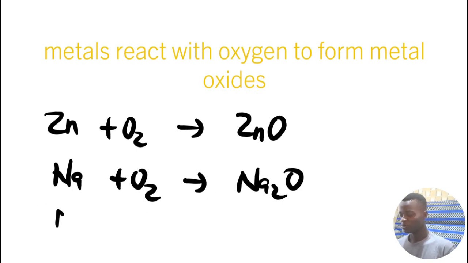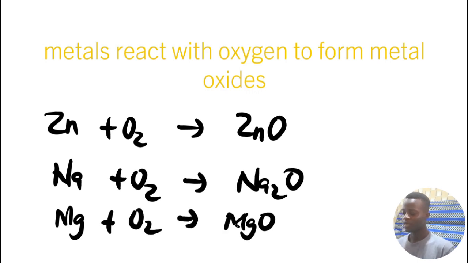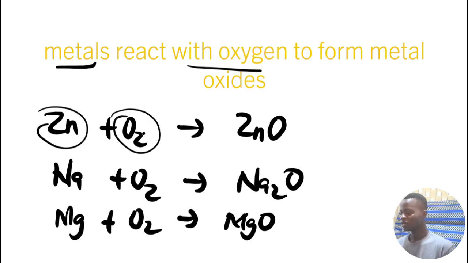If it were magnesium reacting with oxygen, then it's going to have MgO, magnesium oxide. So when you see a metal reacting with oxygen, they are going to form metal oxide. That's another simple example, so know these examples as well.